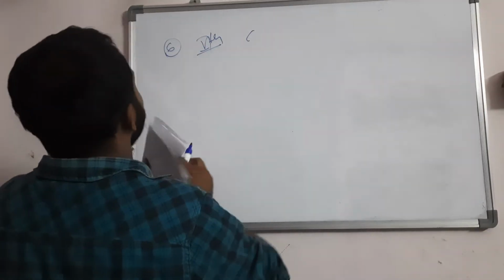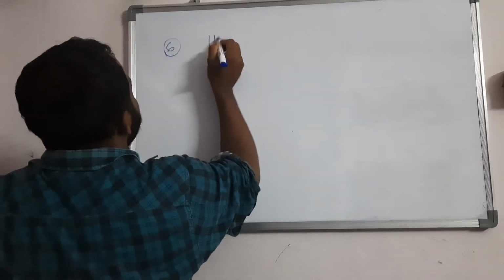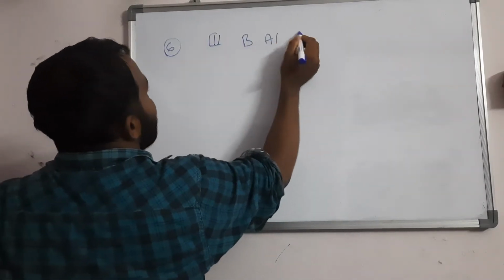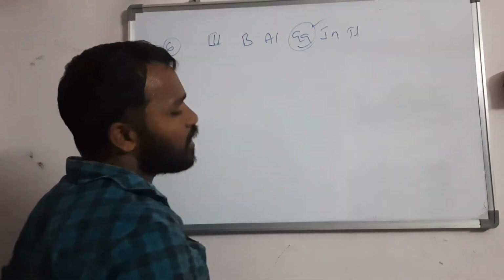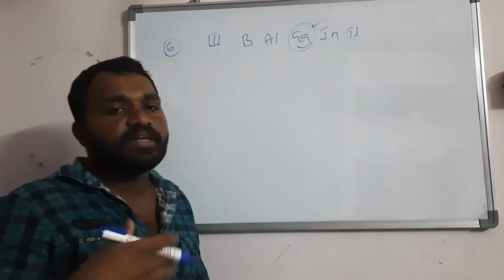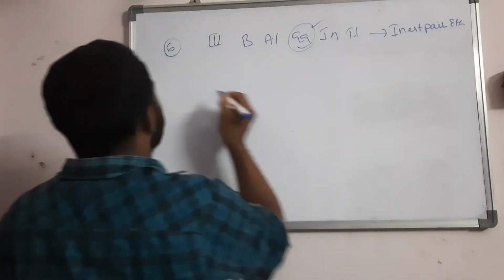Sorry, this is not the fifth group, it is the third group elements: boron, aluminium, gallium, indium, thallium. These contain various oxidation states, and that is due to the inert pair effect. The direct statement they asked.